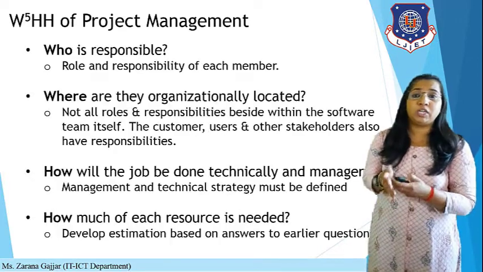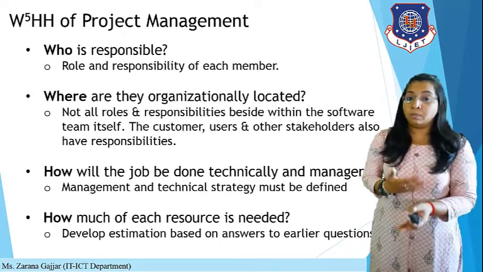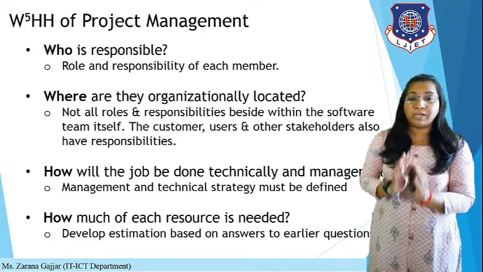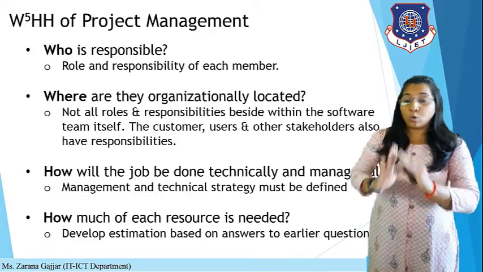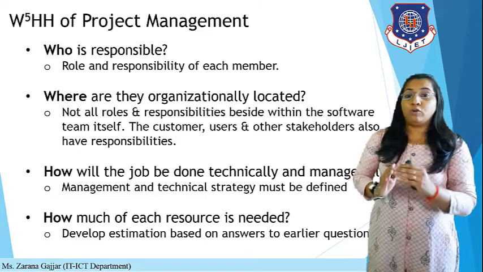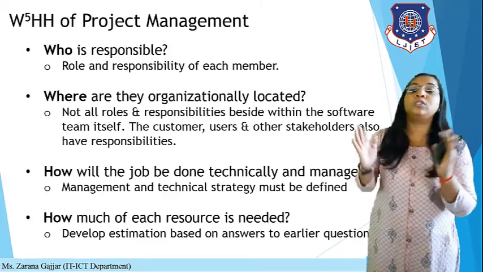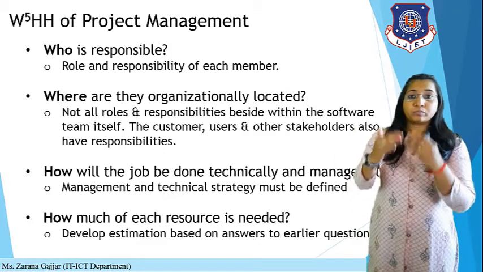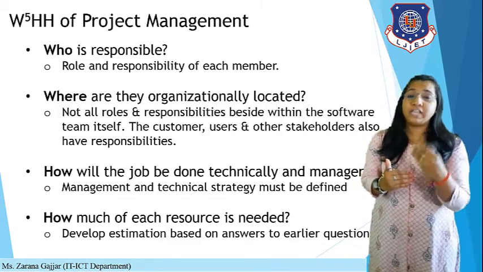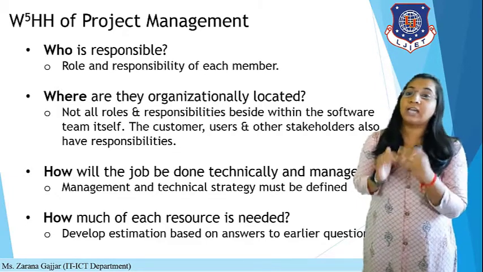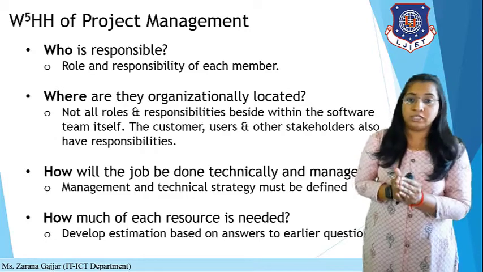Then the next question is, who is responsible? Now the project requirements are already gathered. Now who is going to develop which thing? That is the roles and responsibilities. The roles and responsibilities of each team member of a particular project are defined by using this question.